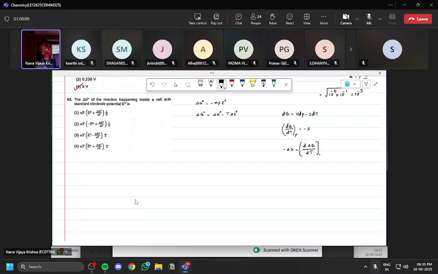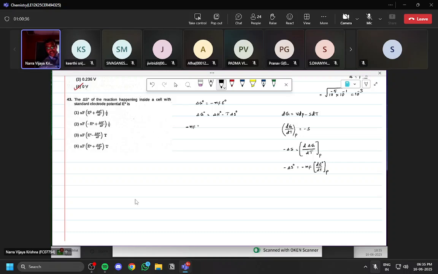Can I write it? So minus delta S naught is equal to, instead of delta G naught, what can I write? Minus NFE. So minus NF dE naught upon dT at constant P. Can I write it? Now I am substituting this term here. So what am I writing?